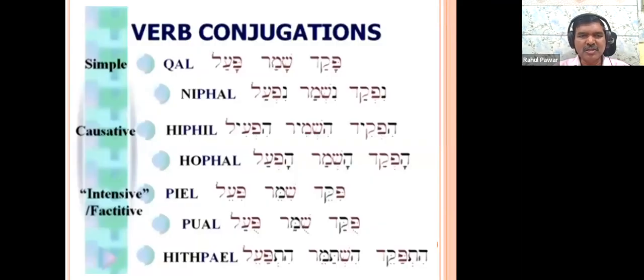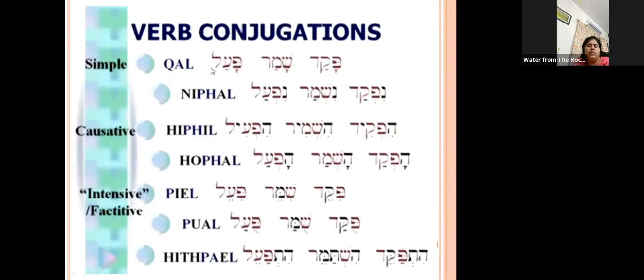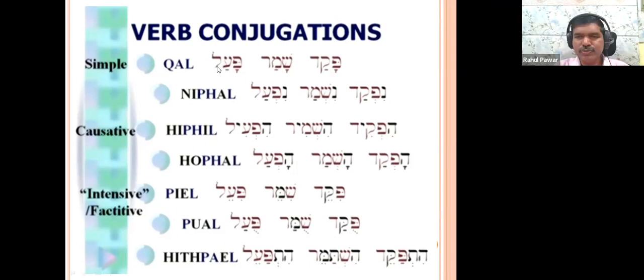Now, see. The simple form of the verb is cal. For example, they have given the root word from which all conjugations are derived: pa'al. Pa'al means to do. From pa'al, the nifal form is nifal.